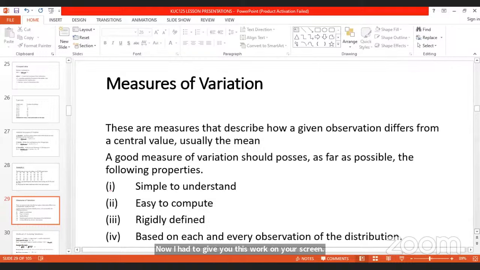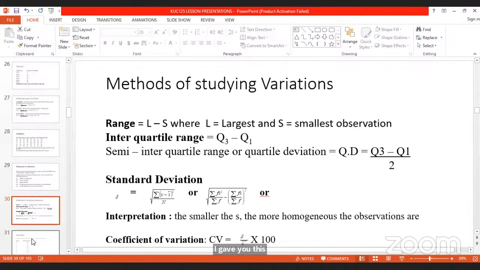Now, as we look at this, we want to go deeper and focus on specific measures that help us to understand. There are certain methods we can use to analyze variation.